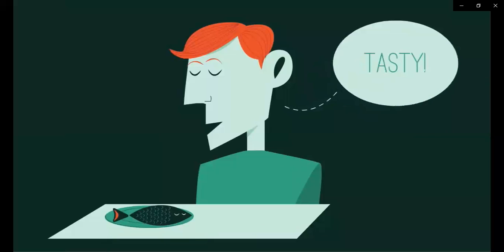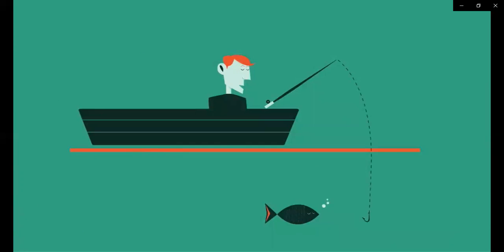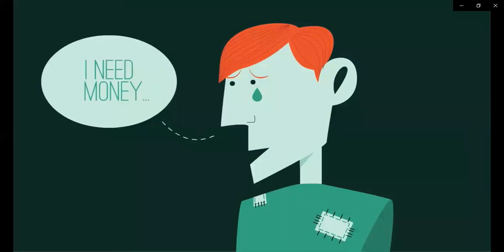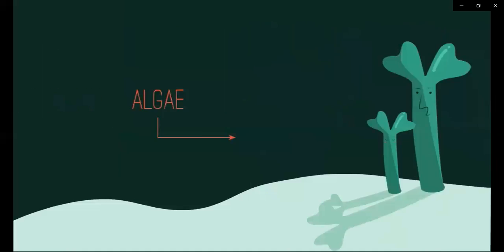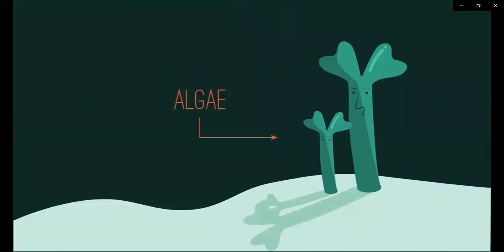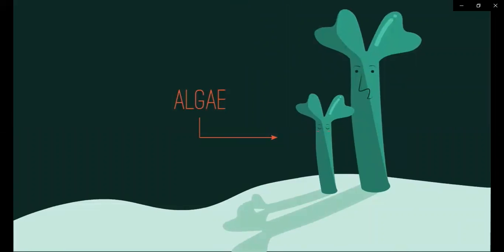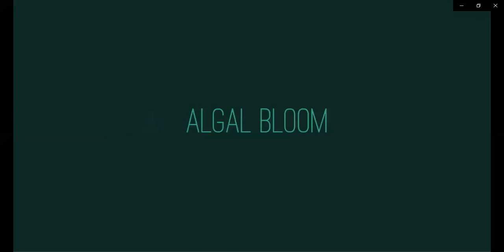Fish are a main food source for some communities, so fewer fish means less food for people who live in these communities. As well, some communities rely heavily on the fishing industry, so fewer fish caught could mean that many people will struggle to make a living. Dissolved fertilizers can also cause algae, or microscopic aquatic plant organisms, to grow quicker than usual. When they grow too quickly, a phenomenon known as an algal bloom occurs.